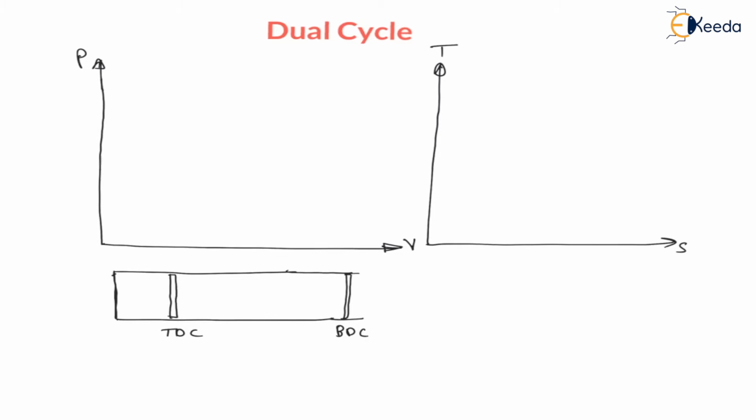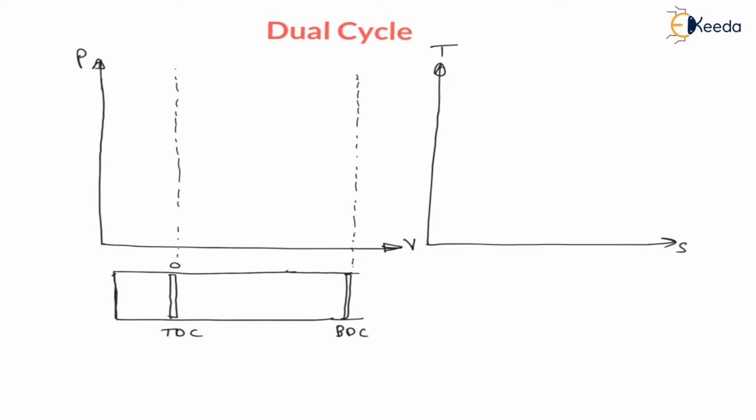Now let us say the initial position of the piston is at top dead center, represented by 0. Let us mark the top dead center and bottom dead center on the PV diagram. Here this line will be the top dead center, and here another line for the bottom dead center. It means the piston can reciprocate between these two lines only, right?